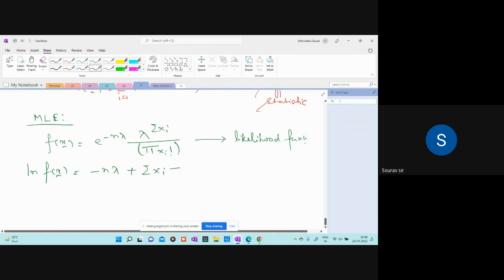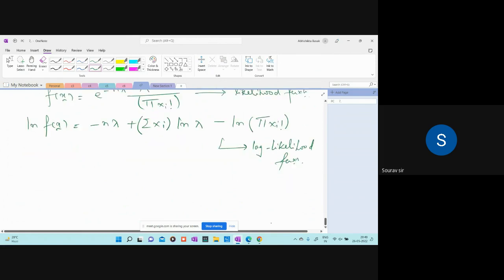log of a by b is going to give me log of a minus log of b. So whenever I am taking log of a, this is actually going to give me summation xi into log of lambda minus this thing. This is called the log likelihood function.